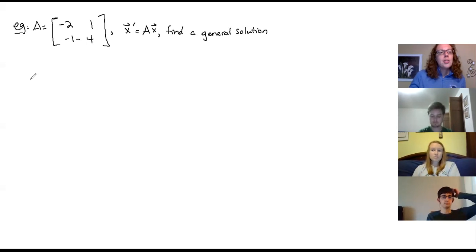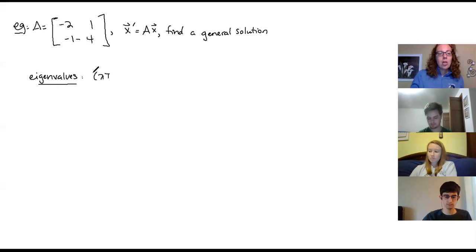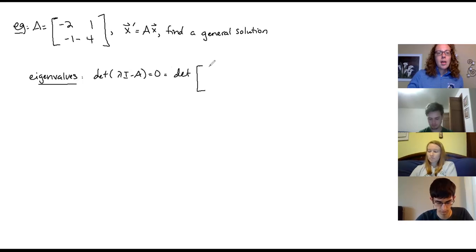All right, so first thing I need to do is find my eigenvalues. You can do this as well as I can. I need the determinant of lambda I minus A to equal 0. So 0 is going to need to equal the determinant of lambda plus 2, -1, +1, lambda plus 4.